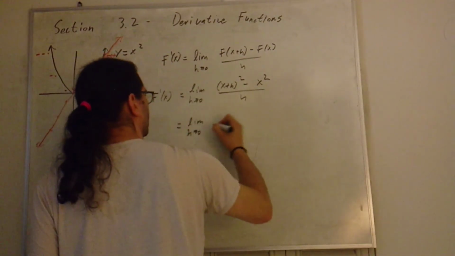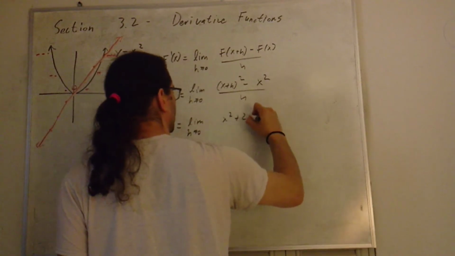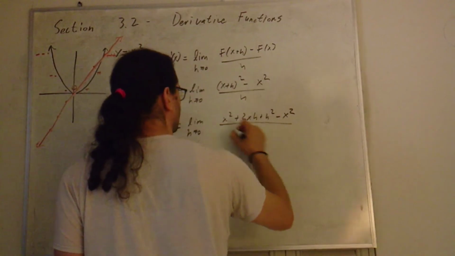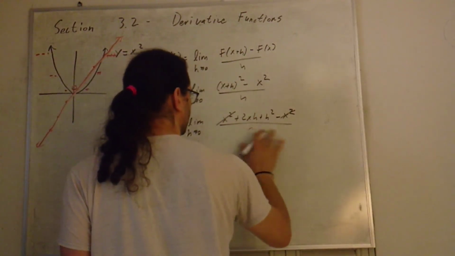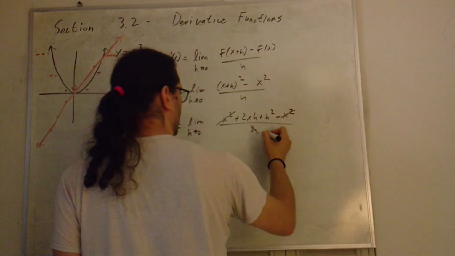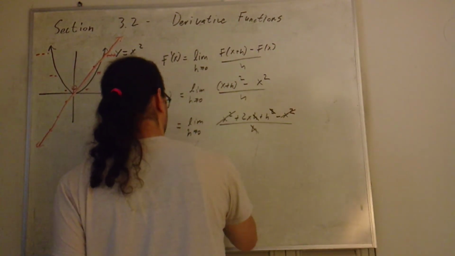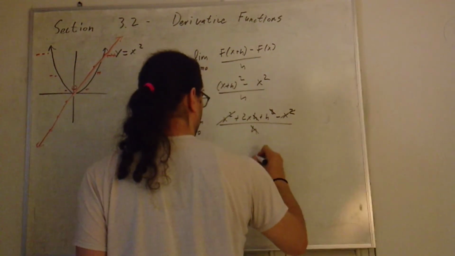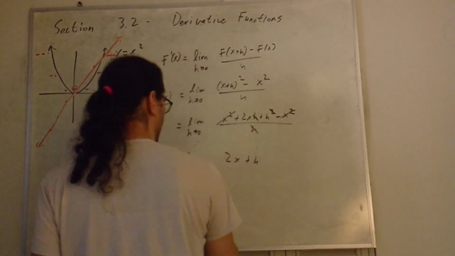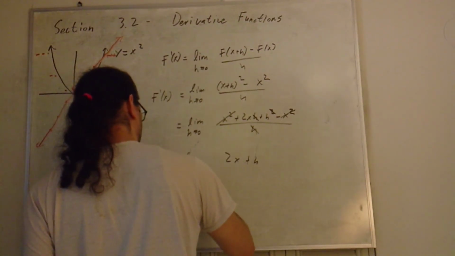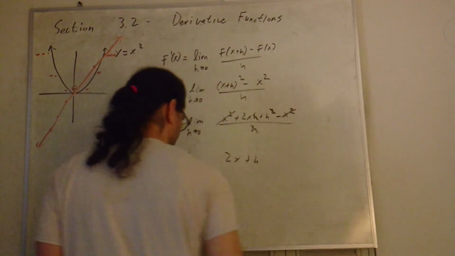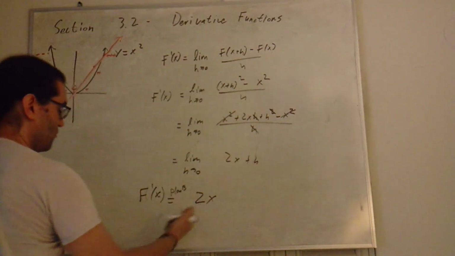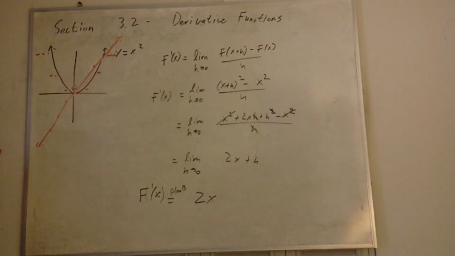That's the limit of x squared plus 2xh plus h squared minus x squared over h. The x squareds cancel, and the h will cancel from here. We get the limit as h approaches 0 of 2x plus h. Now I can plug in 0 for h to get 2x. This is f prime of x, which matches exactly what we just found on this graph.